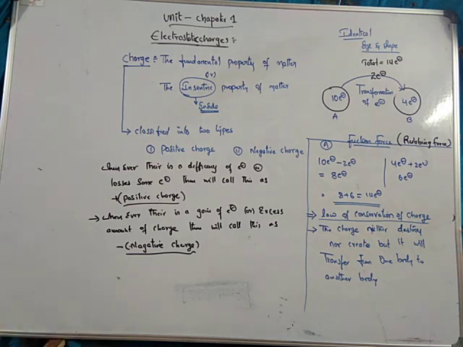So atom A is losing 2 electrons and atom B is gaining 2 electrons. So we have 10 minus 2 and 4 plus 2. 10 minus 2 gives 8 electrons, 4 plus 2 gives 6 electrons. Again, adding 8 plus 6, we have 14 electrons.